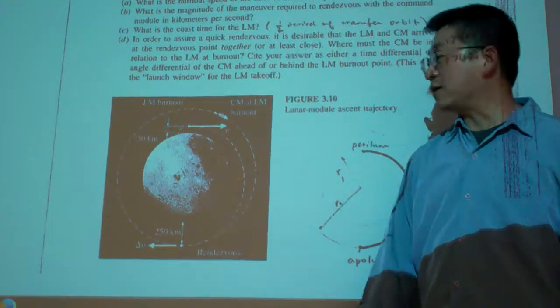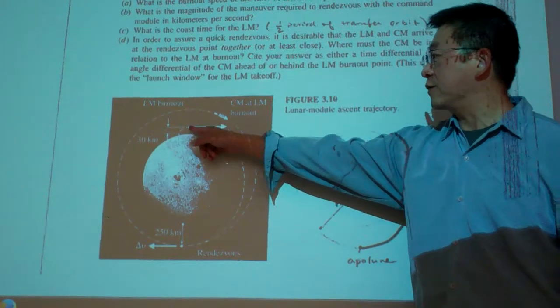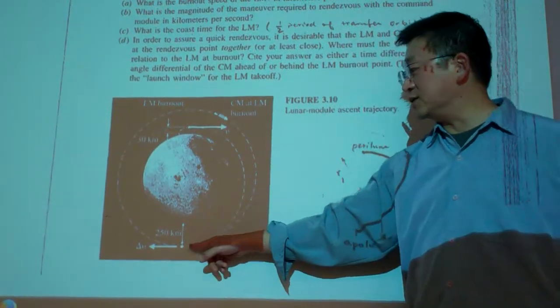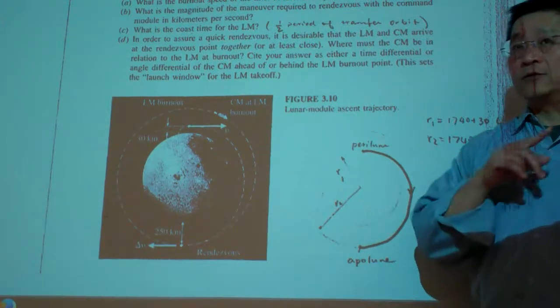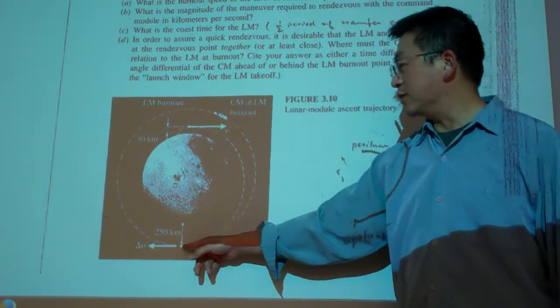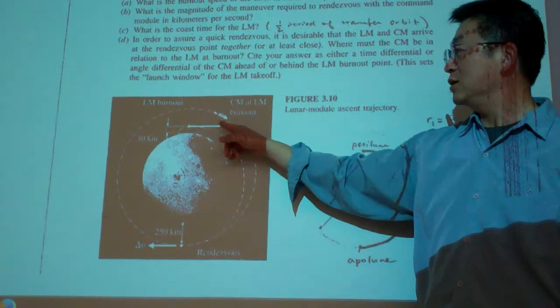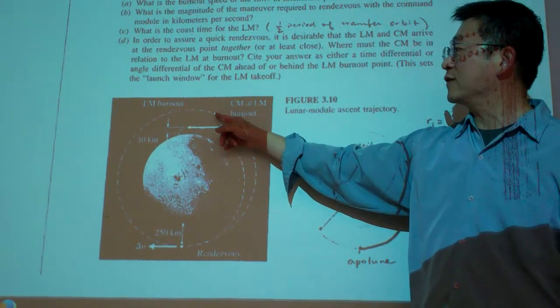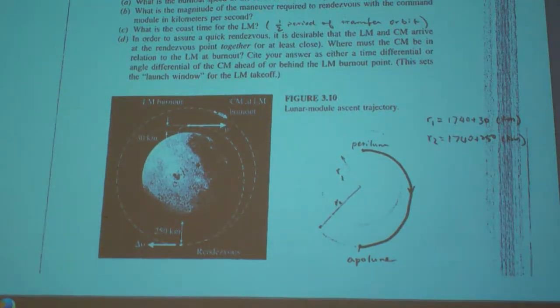Okay, so right now in part C, we already determined the time spent from here to here. So now we simply use that information to determine the relative positions for this spacecraft and this position there.